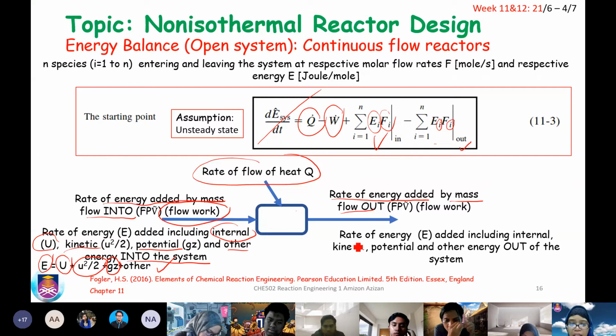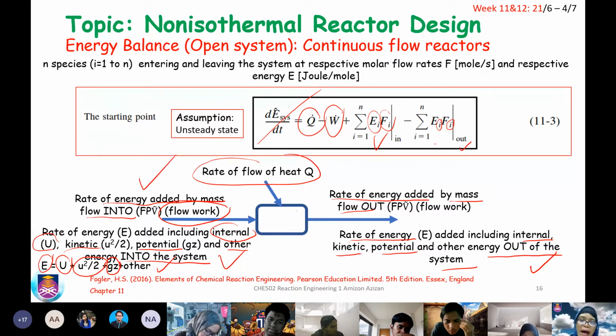Then we have the rate of energy, including internal, kinetic, potential, and other energy, out of the system. One coming in, one coming out. The same goes for the rate of energy by the mass flow, which is the flow work: flow work entering and flow work exiting.